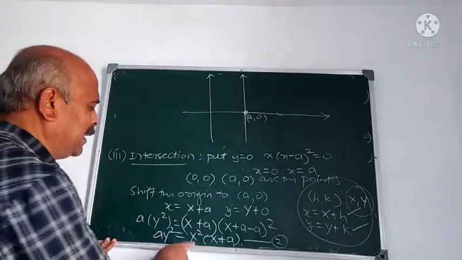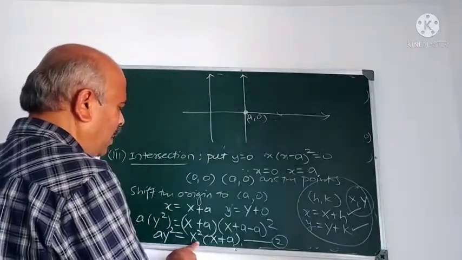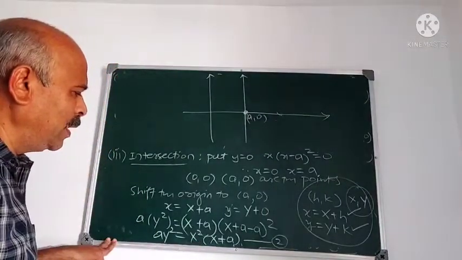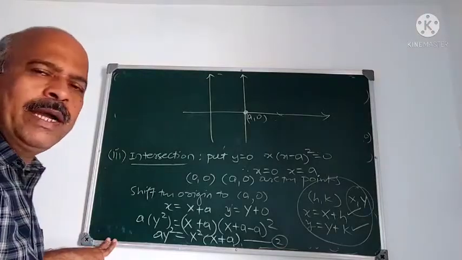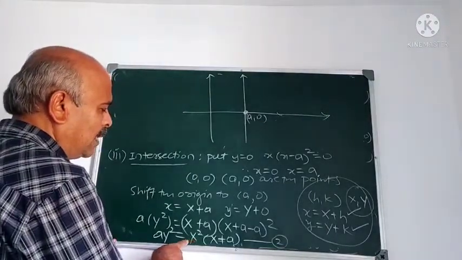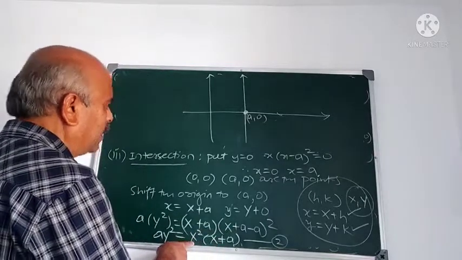Now we find the tangents at this point. How do we obtain the tangents? By equating the lowest degree terms in x and y to zero.